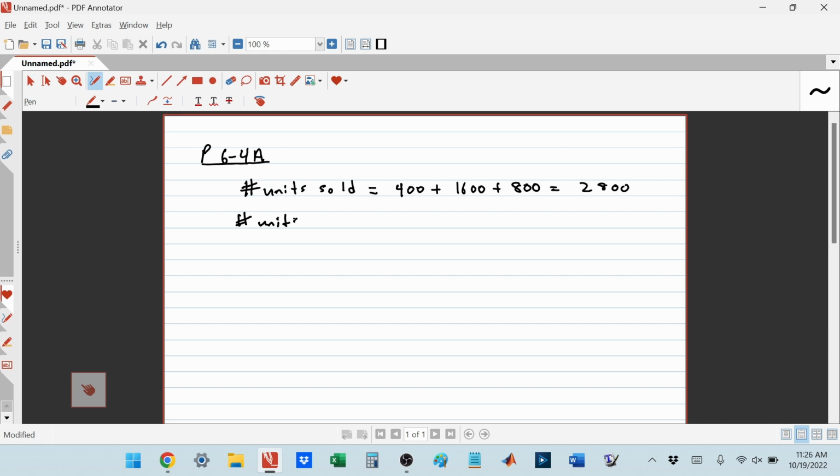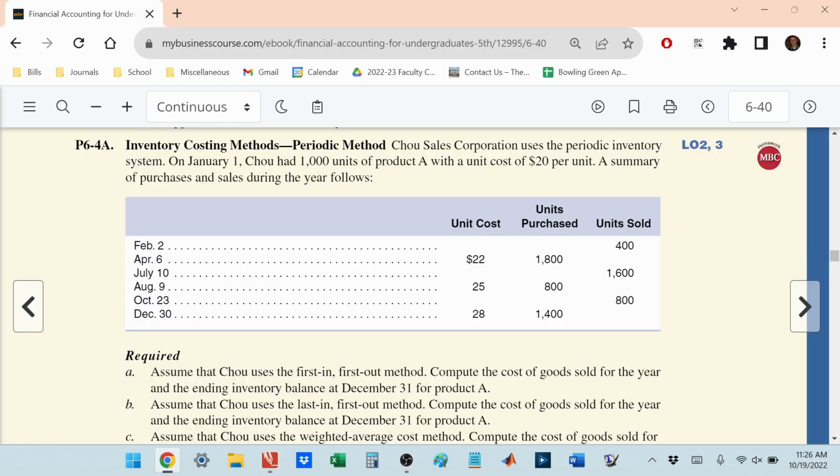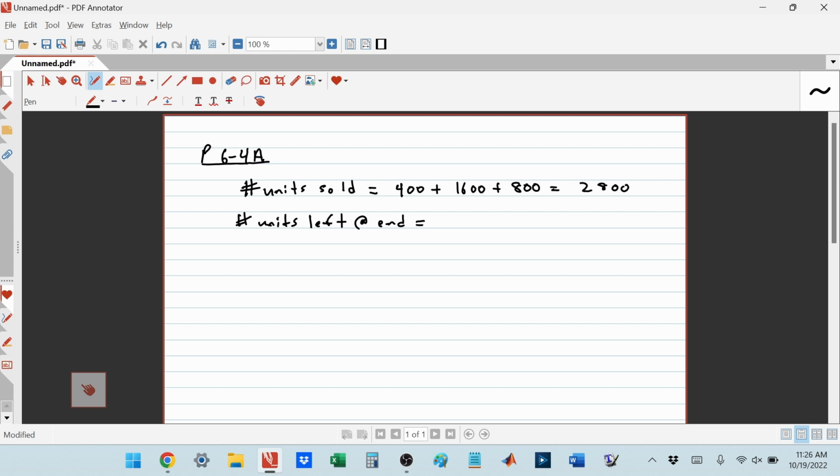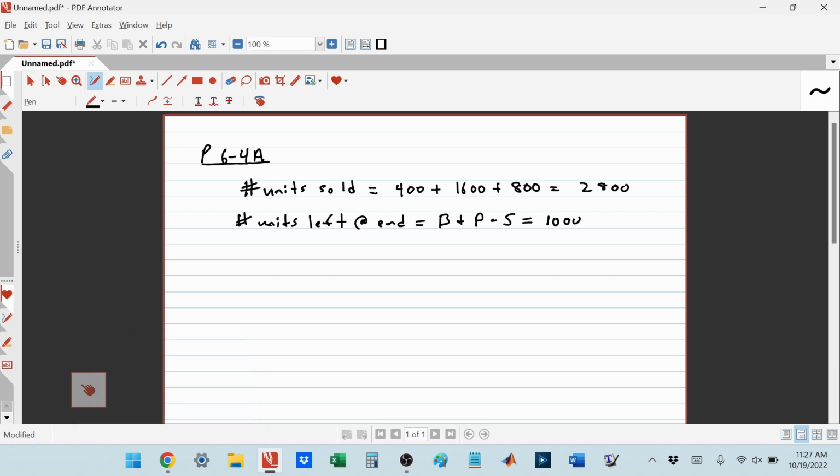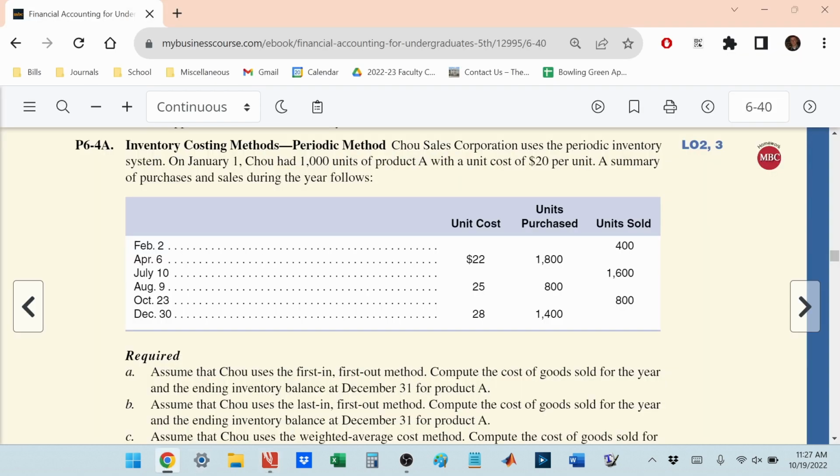And the number of units left at the end of the month, or at the end of the year in this case, for that we need to do the formula beginning inventory plus purchases minus units sold equals the ending inventory. So the beginning were 1,000. Then the purchases we made were 1,800, 800, and 1,400.